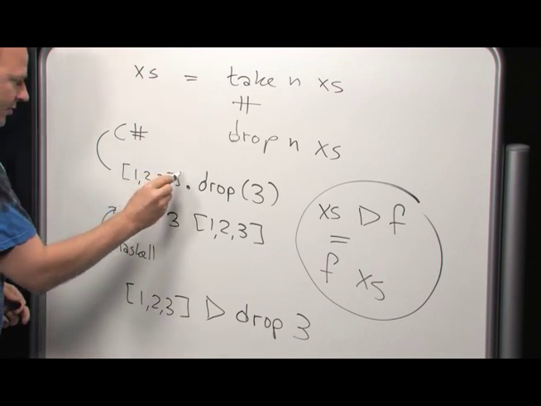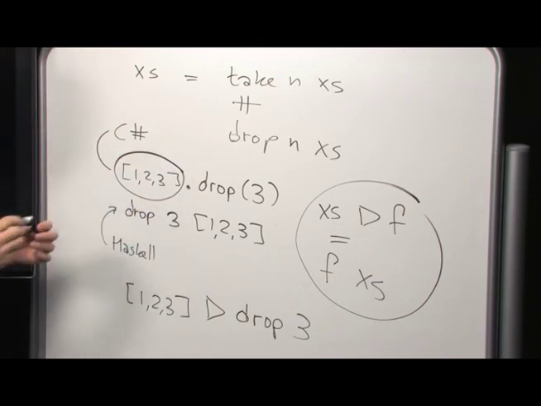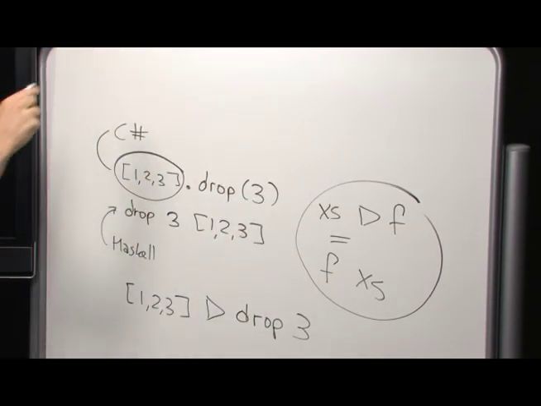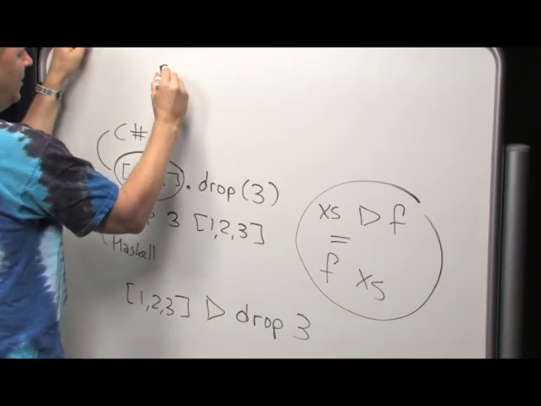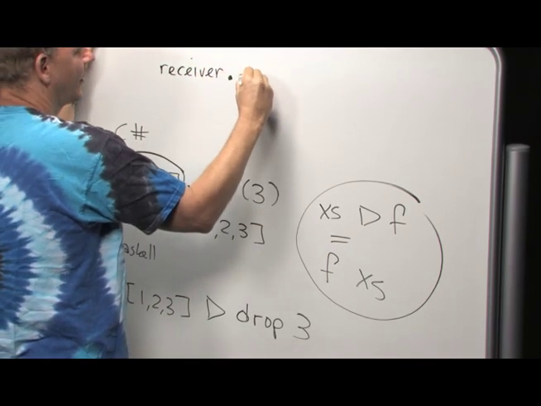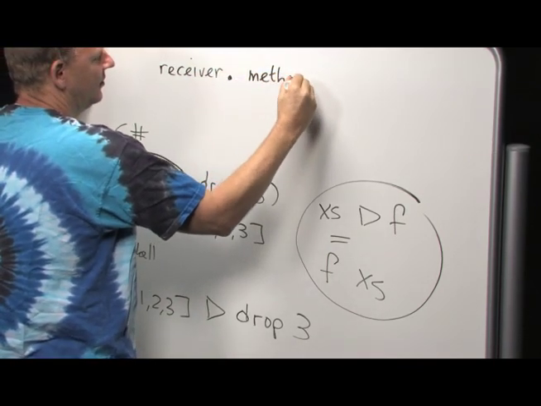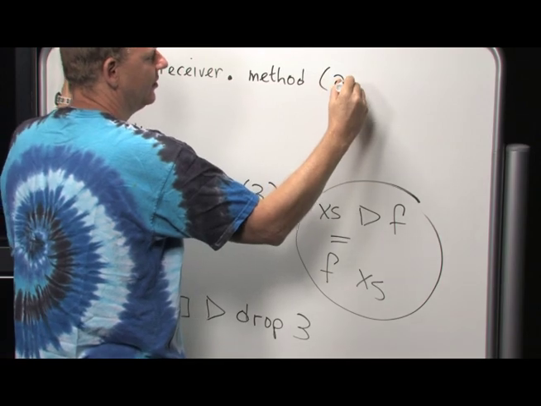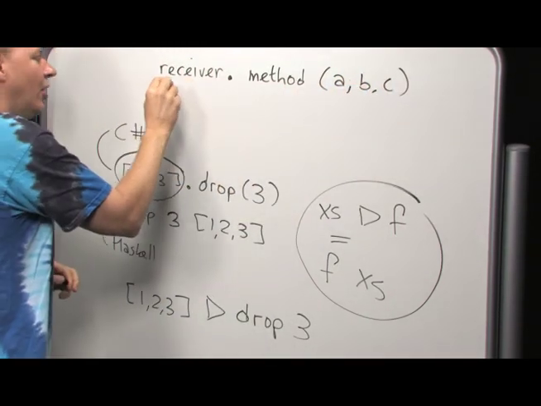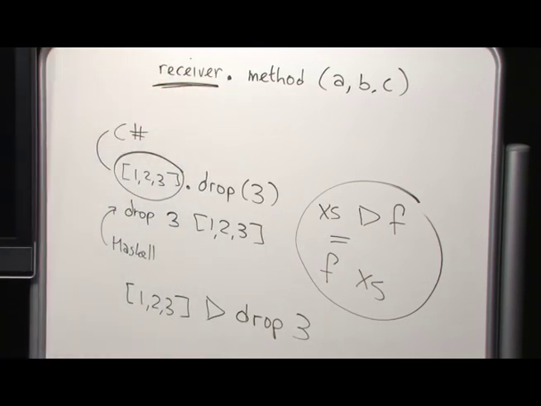In object-oriented programming, if you look at objects, you really write receiver dot method, and then you write the arguments A, B, C. So in object-oriented programming, the receiver, the instance of the object, is the most important thing.